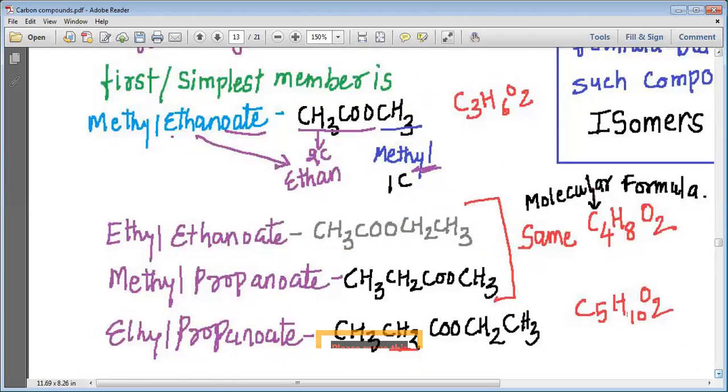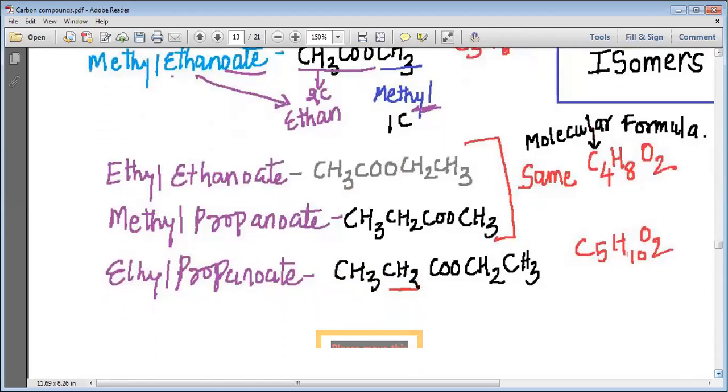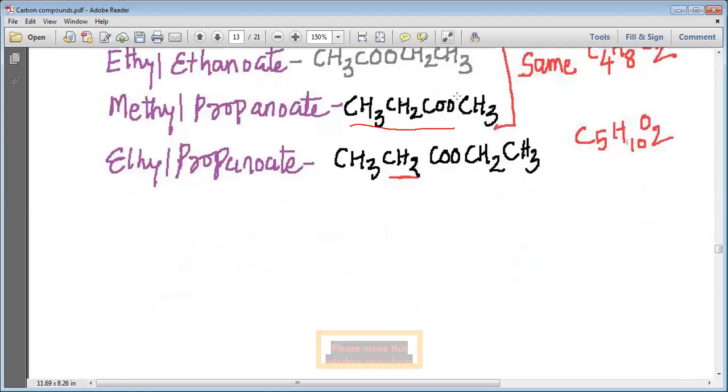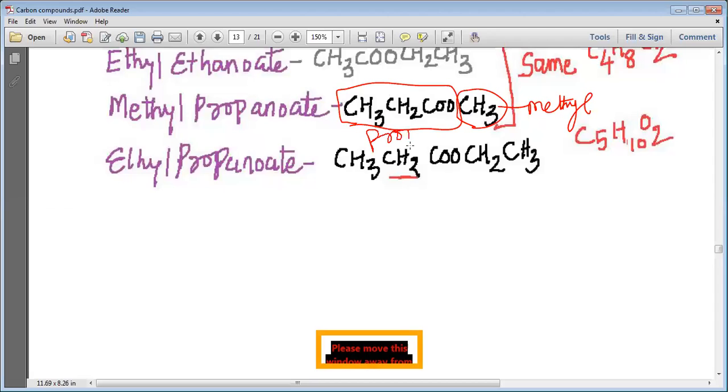Same way, my dear students, if you look at this structure, you will see that there are 3 carbon in this part, whereas only 1 carbon in this part. So this part we will call methyl because it has got 1 carbon. This has got 3 carbon, so it is propanoate. And this is how, my dear students, we get methyl propanoate.